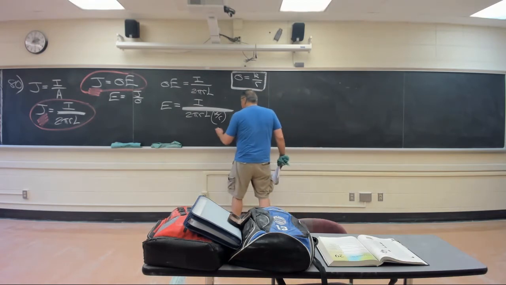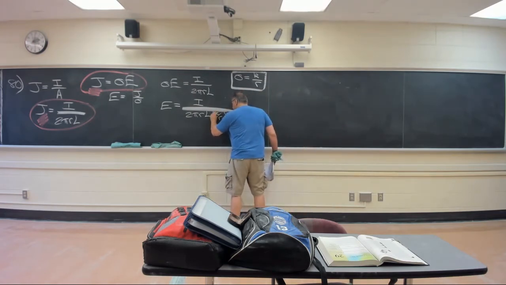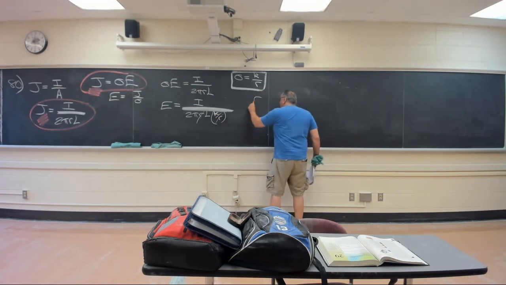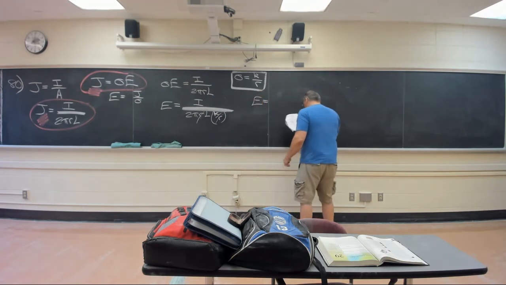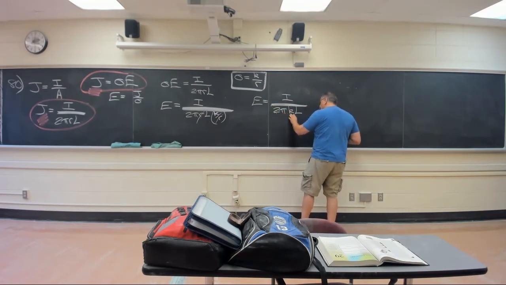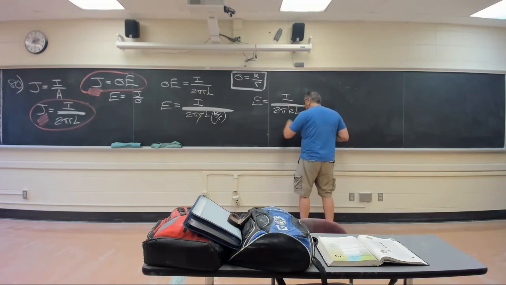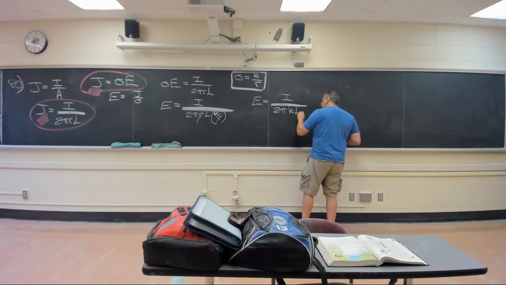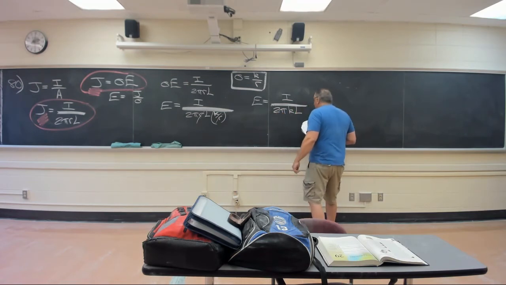Well, look carefully. This is k over r. Here's the r there. This r and that r cancel. You've got E equals I over 2 pi k L. The 2, the pi, the k are constants. The k is a constant in this circumstance, so for the problem, it's a constant. L's a constant too.